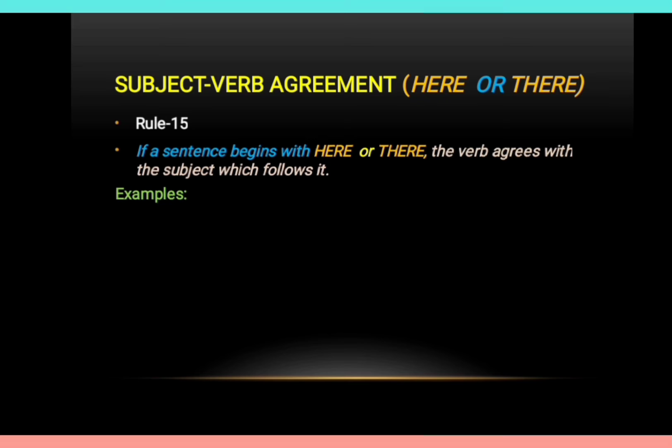We have some examples according to this rule for understanding. Here are the ways on how to preserve meat. The subject is "the ways", and according to our statement, the verb agrees with the subject which follows it, so that's why we used "are".